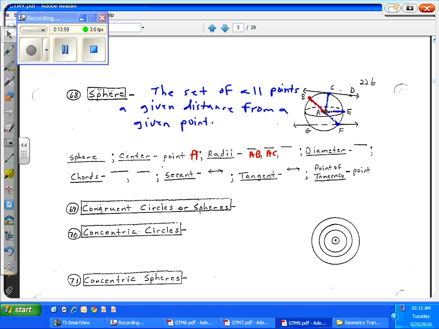So the radii would be AB, AC, AE. There's also AF that we could have named as a radius. The diameter is a chord that passes through the center, so the diameter is BF.